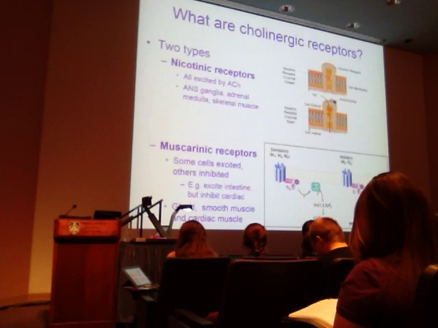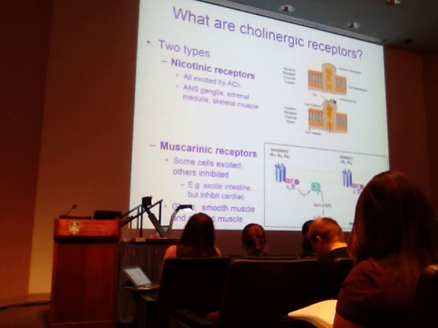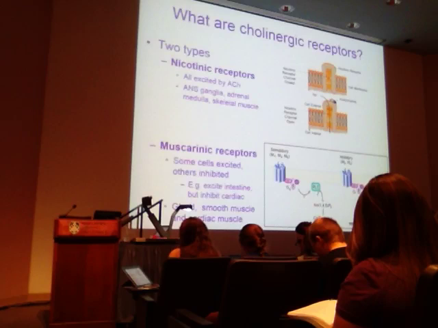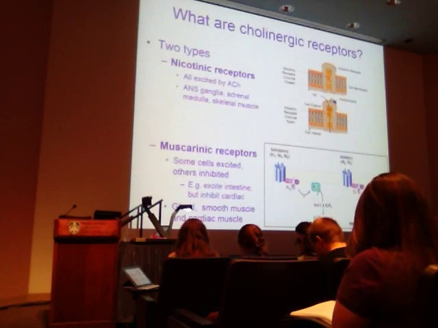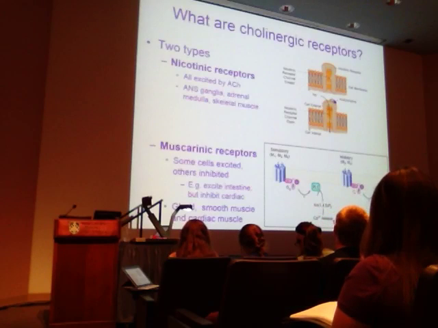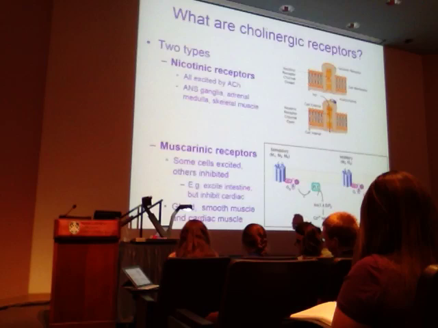And that calcium release and that stimulatory activity excites intestinal motility. Over here, 2 and 4 are inhibitory. Through this G protein cascade, it downregulates cyclic AMP, and as it's inhibitory, it's going to inhibit cardiac muscle.